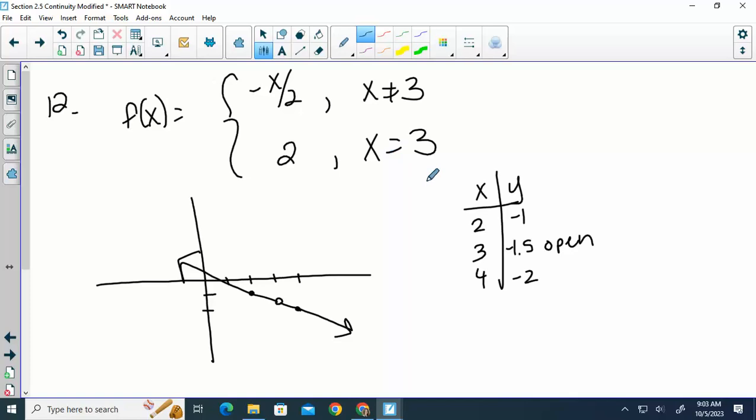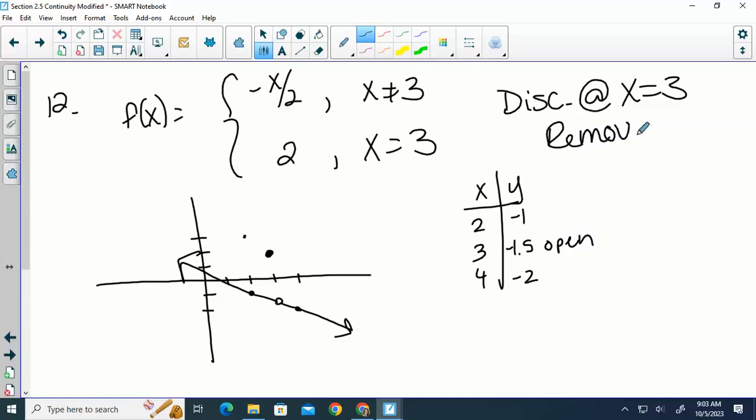And then the second piece says 2 when x equals 3. That's just a closed dot at the point 3, 2. Okay, so where we write? So discontinuity at 3, and the type is removable.